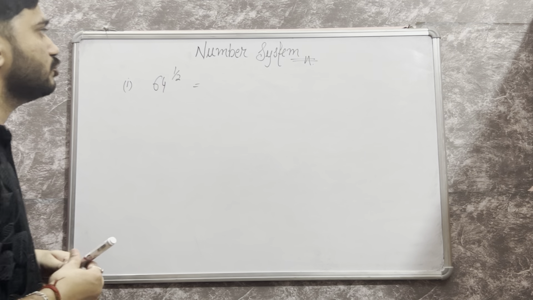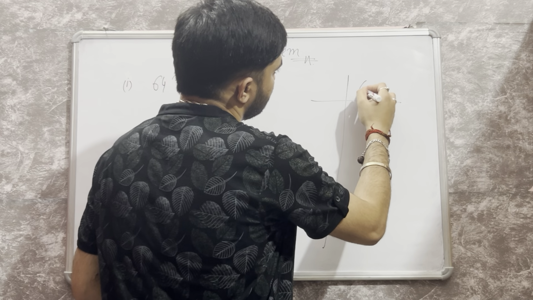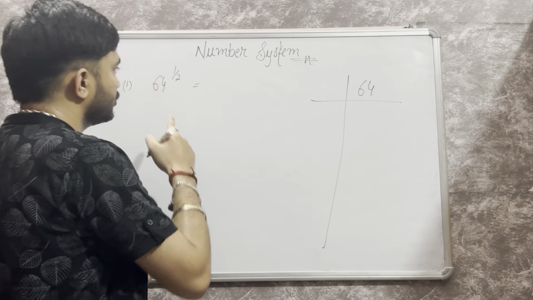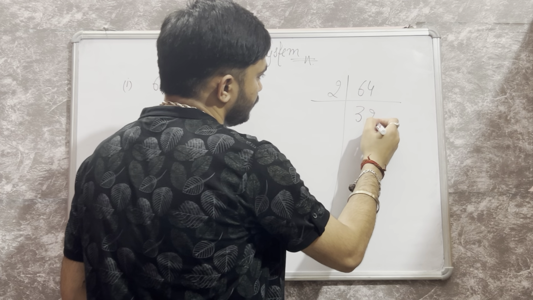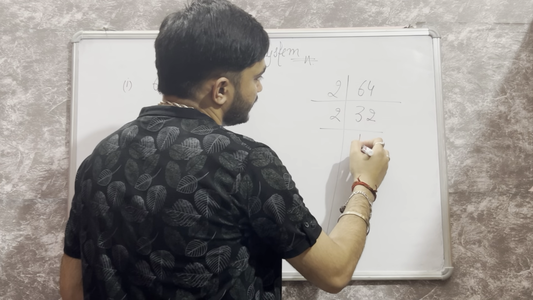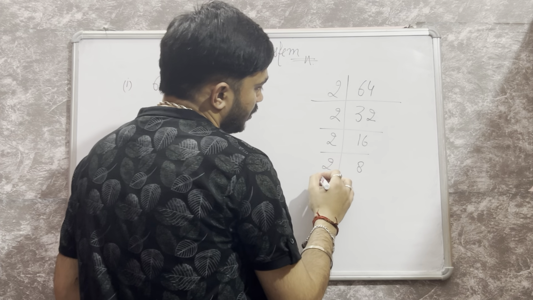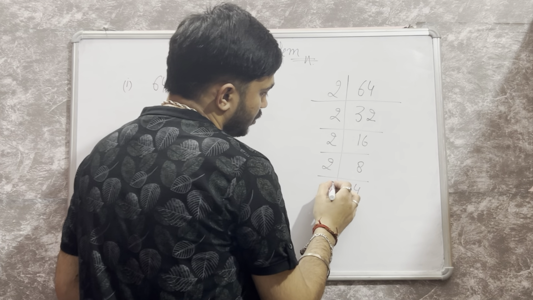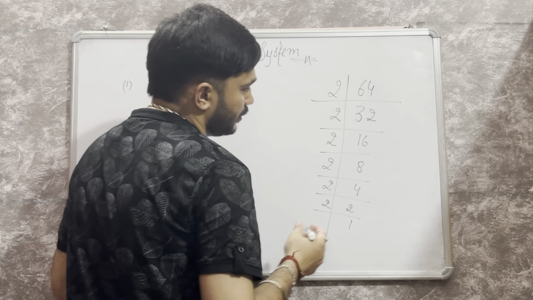So how are we going to solve this? Just do the prime factorization of the base, that is 64. 64 by 2 is 32, 32 by 2 is 16, 2 is 8, 2 is 4, 2 is 2, 2 is 1.